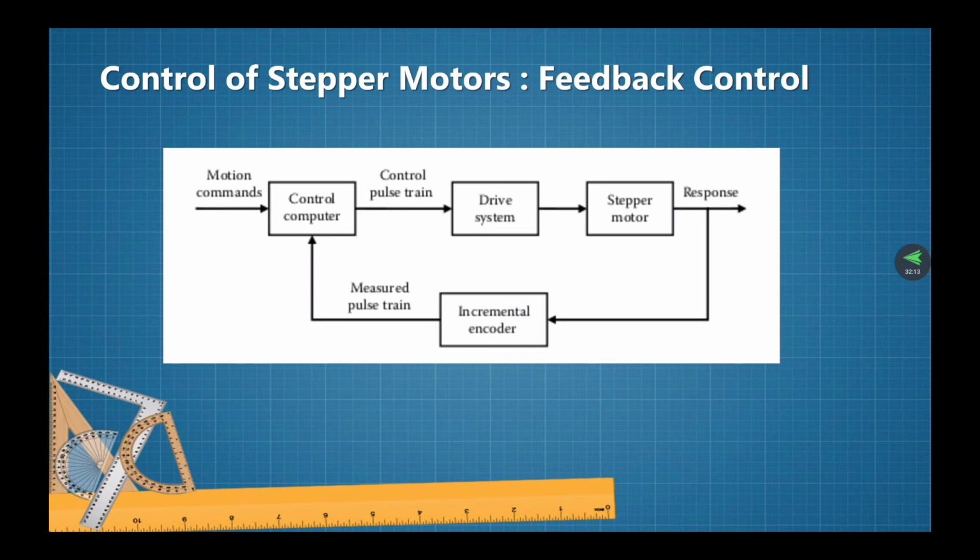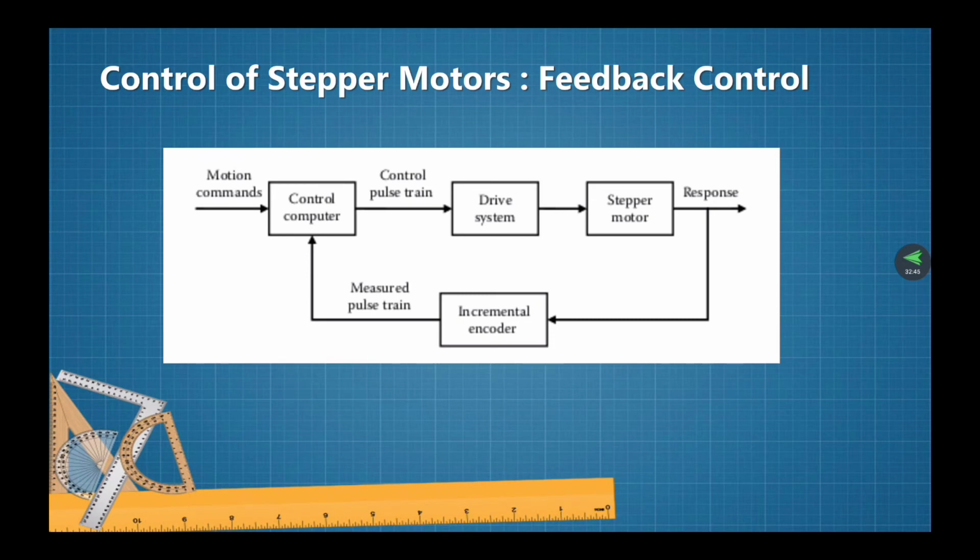The noted improvement in the feedback control scheme is that the actual response of the stepper motor is sensed and compared with the desired response. If an error is detected, the pulse train to the drive system is modified appropriately to reduce the error.